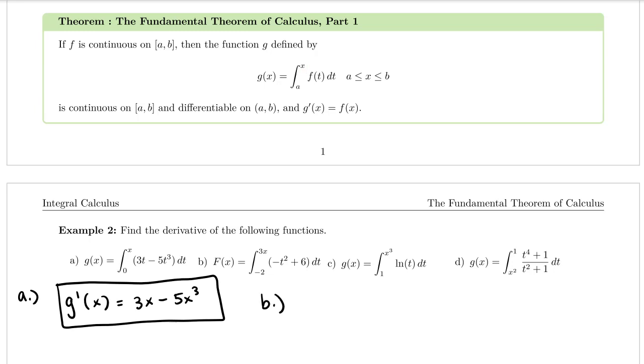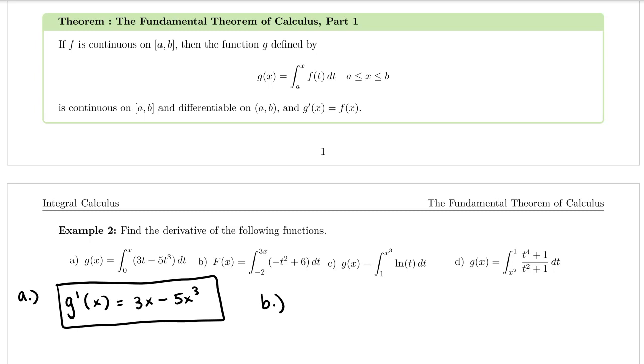We have capital F of x is equal to the definite integral from negative 2 to 3x of the integrand negative t squared plus 6 dt. So instead of our upper limit of integration being x, now we have 3x, so we can't quite use the fundamental theorem of calculus part 1 yet.